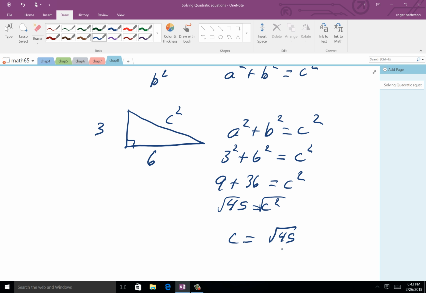But in the Pythagorean theorem, see here they say express the answer in radical form, simplify if possible. But, you know, in a practical sense, you wouldn't do that. Okay? If you really needed to brace something so you were 3 feet here and 6 here, and you needed to know how far apart to spread those boards so that you got a right angle, square root of 45 isn't going to do you a whole heck of a lot of good.